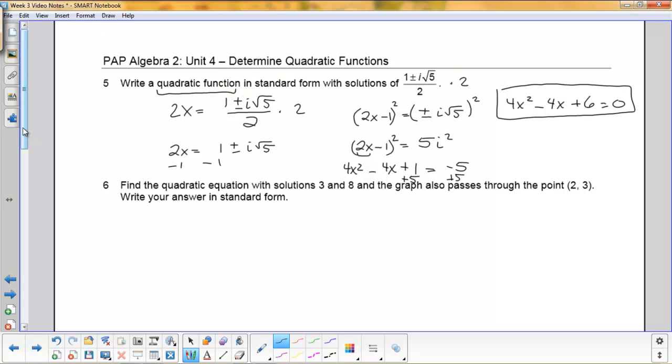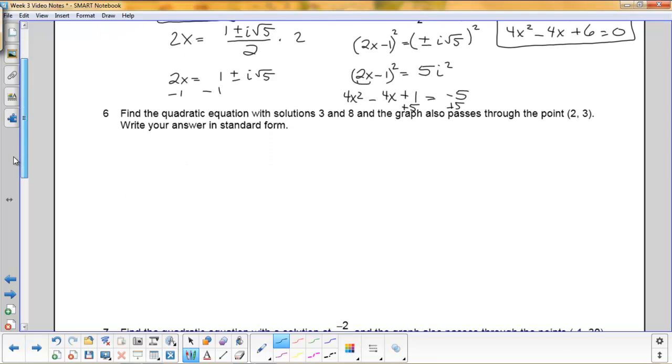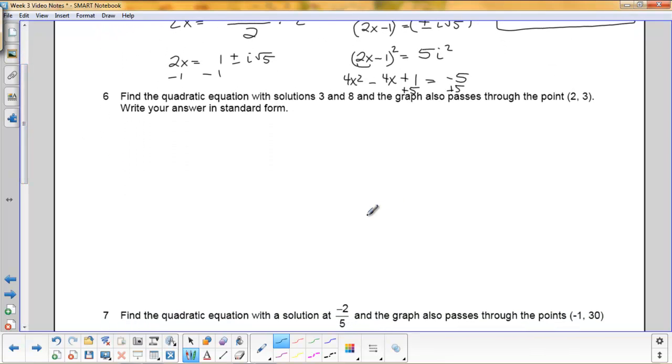All right. The next three, what you're going to be given are sets of ordered pairs. And I want to go ahead and look at this so that you can see it and you can be clear about how it works. Okay, so we're going to find the quadratic equation with solutions 3 and 8.